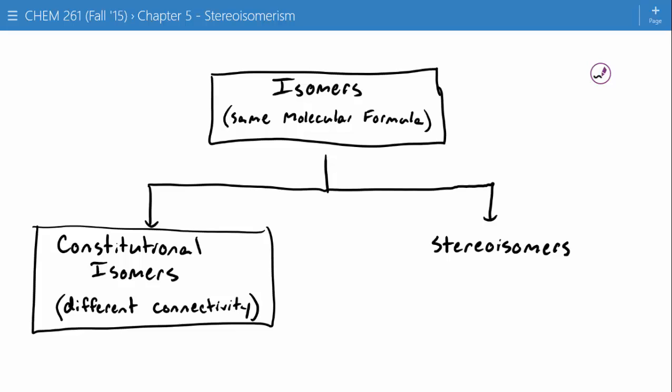And we're going to look at a lot of examples where the handedness of a molecule changes the properties very dramatically. So stereoisomers have the same connectivity, but different 3D layout.